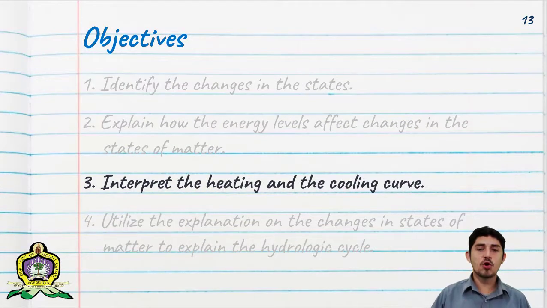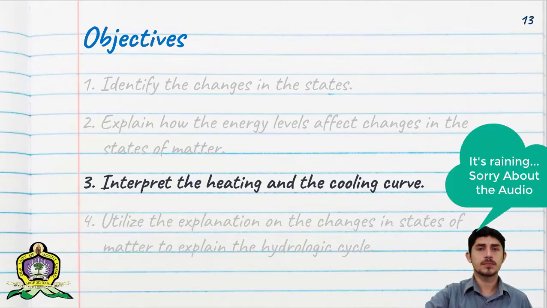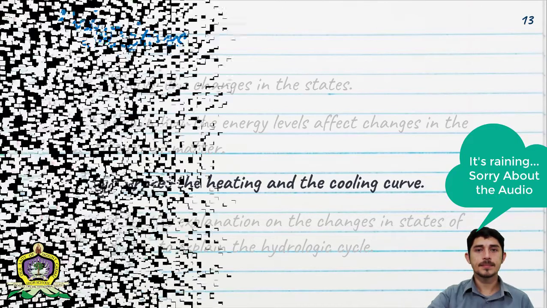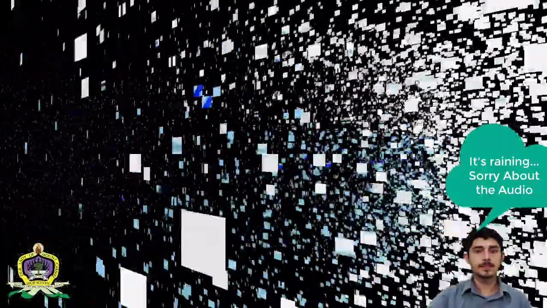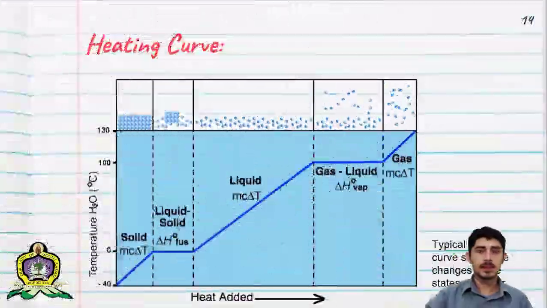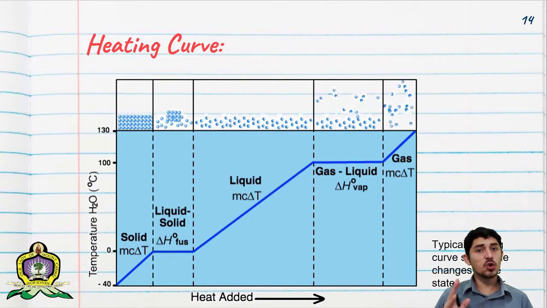That was it for how energy level affects the changes in the states of matter. Our next objective is to look at heating and cooling curves. My dear students, as you are able to see in this slide, this is a heating curve.